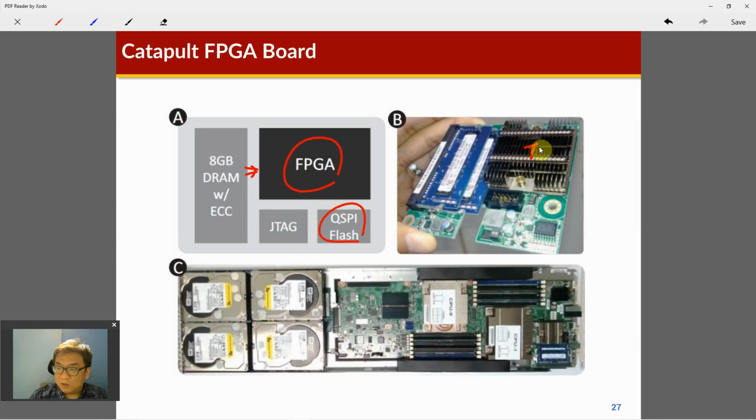As you can see, the Catapult board is very small, and it is connected to a network interface of the server system. This is the server. You can find the HDD here, the CPU here, and the DRAM DIMMs here, and this is the Catapult board.